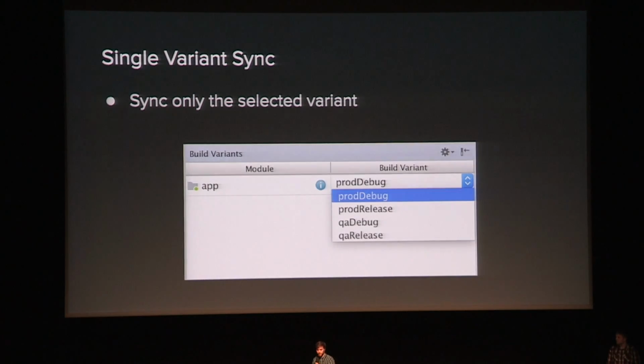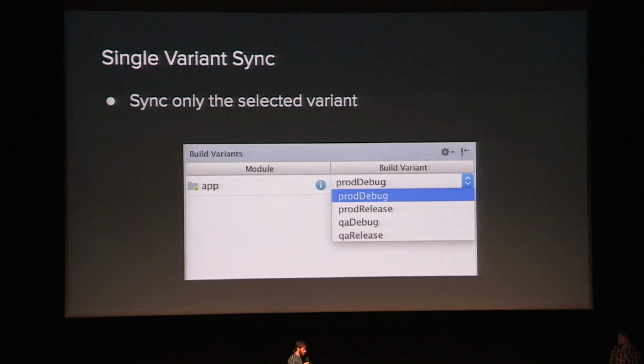But the problem is that Gradle syncs all the variants, and that means that all the models for each one of the variants and all the dependencies are resolved more than once because of that. And the question is, why don't we just sync one variant?